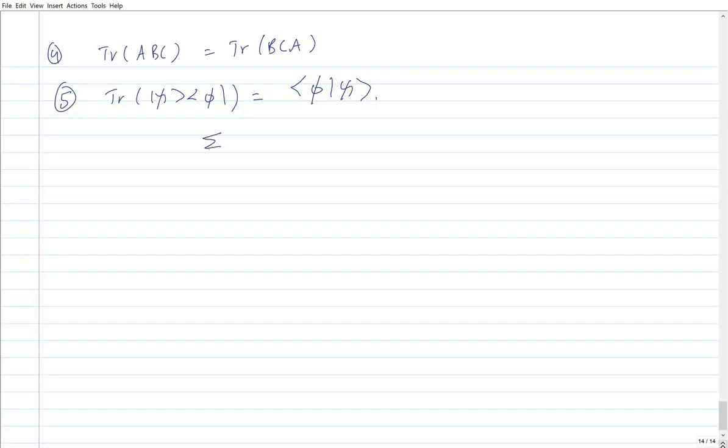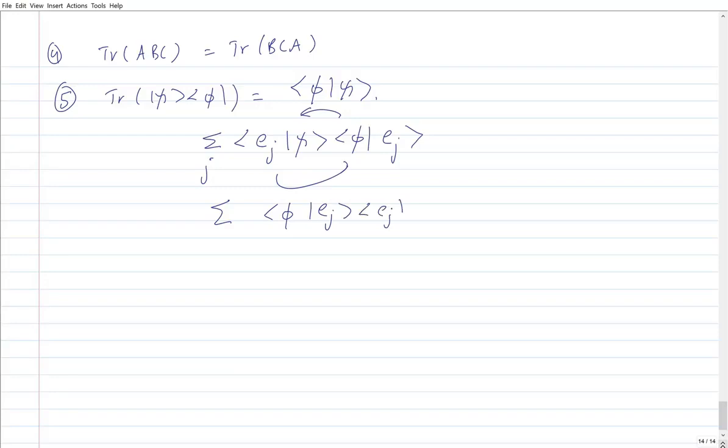Well, again, I put in an identity, or I express it in terms of some sort of a basis, evaluating this trace with respect to some basis. I just interchange them. That's going to give me, notice this is just the identity.